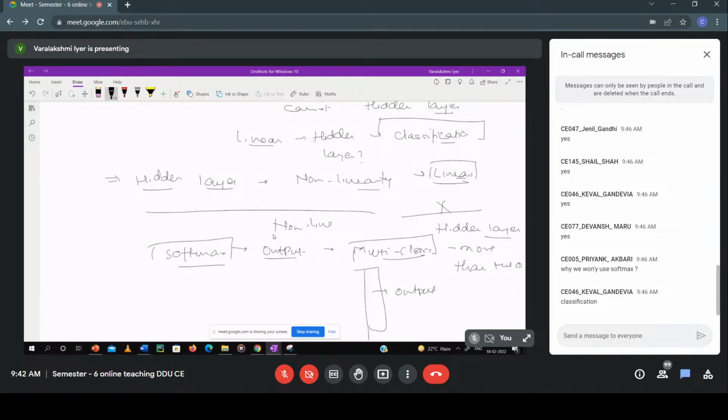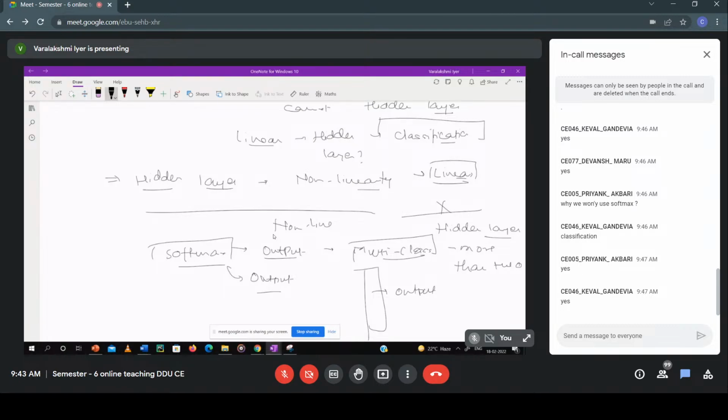So it most probably won't be able to give a good result in the case of hidden layer. Mostly softmax is always used in the output layer itself, because we want to create multiple probabilities for different classes, right? Are you clear with this, Priyank? Yes or no? Okay. What about the others, I suppose you are also clear, right?